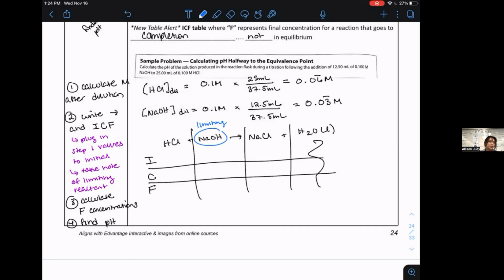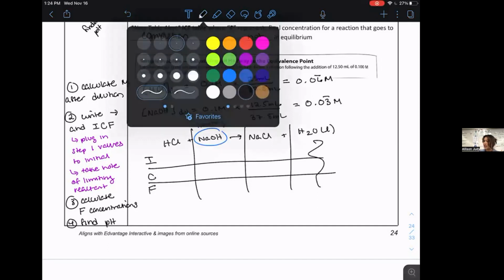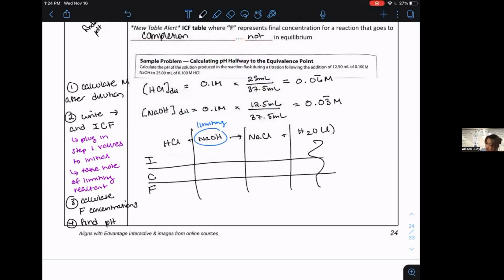So what you're going to do now is you're going to plug in your concentrations and you're going to say, well, if I start with initially in the mixture, my diluted samples of 0.06 repeating and 0.03, and I know I have no NaCl left. What I know is that whatever is left in excess means that I used up all of my NaOH. So what then the change becomes is I've used up all of my NaOH, leaving me 0.